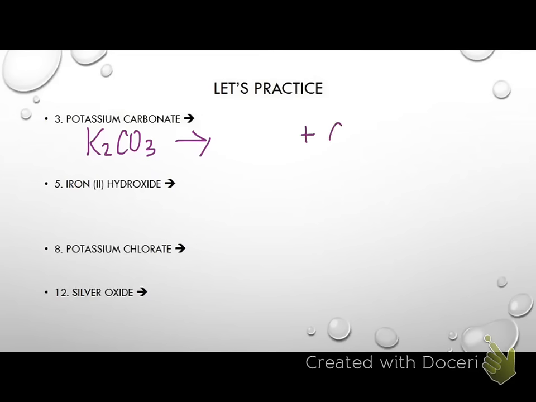So I know at the very least I'm going to get CO2, and then potassium oxide is what I'm going to be left with. Again, you have to know how to balance those charges, so you'd have K2O. Now we need to see if it needs to be balanced. Actually it doesn't, because I already have one carbon, 2 potassium, 2 potassium, and then here I have 3 oxygen, and I have 2 + 1 is 3.